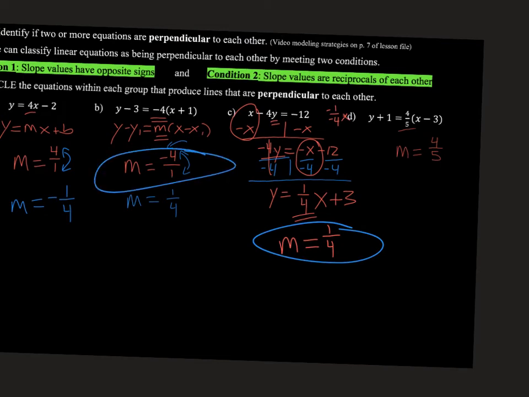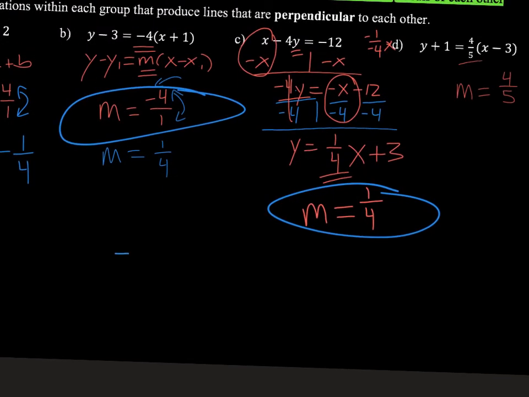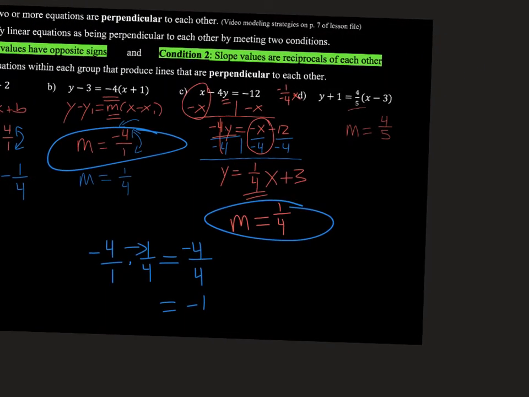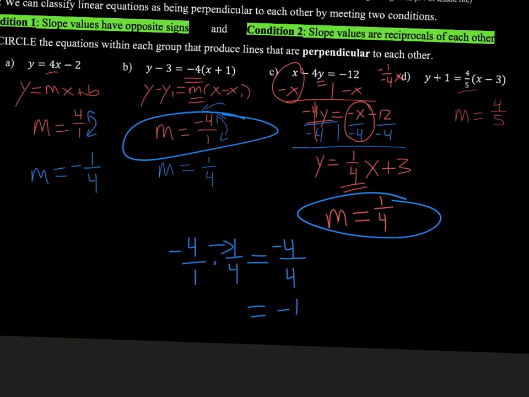So one property of perpendicular slopes is if we multiply these two slopes, because they're opposites and reciprocals, the product of two perpendicular slopes would always equal negative 1. And looking at this last one, 4/5, that doesn't match up with any others as far as being perpendicular.